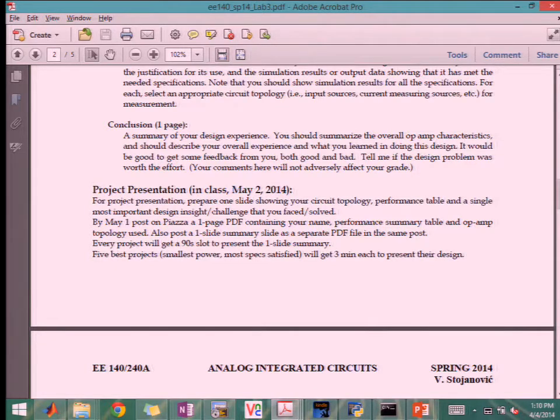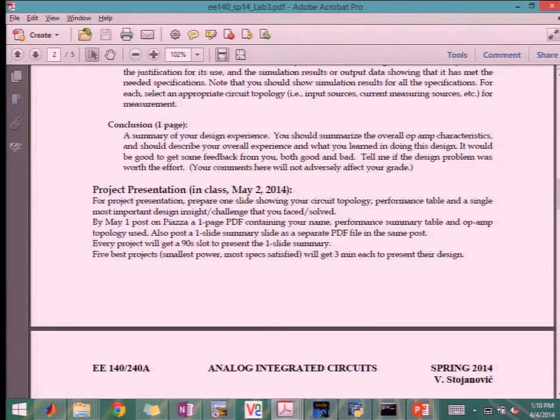I wanted to alert you to some of the timelines. There's a few dates toward the end that are worth noting. This year we're going to have very quick project presentations on May 2nd.